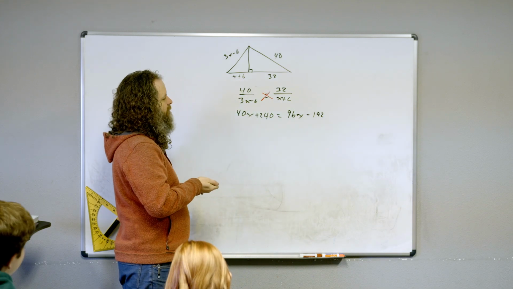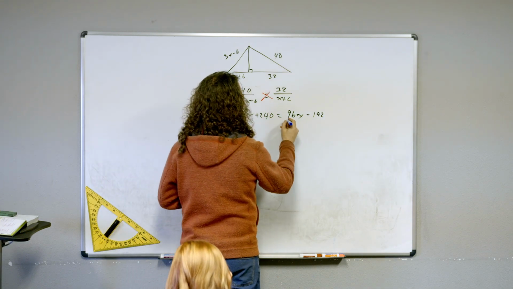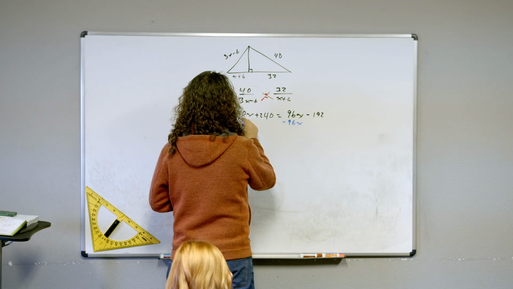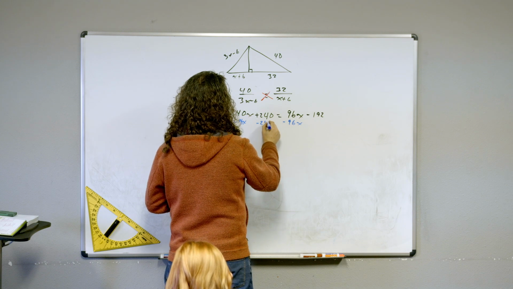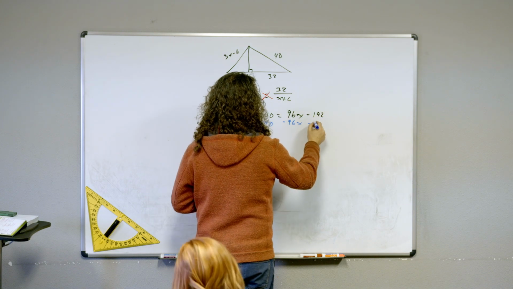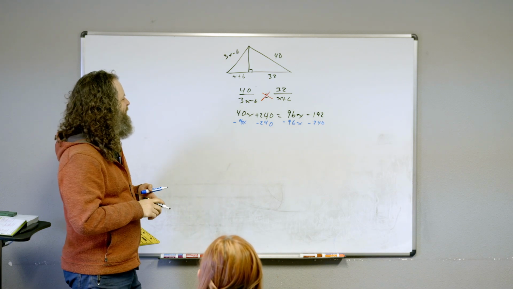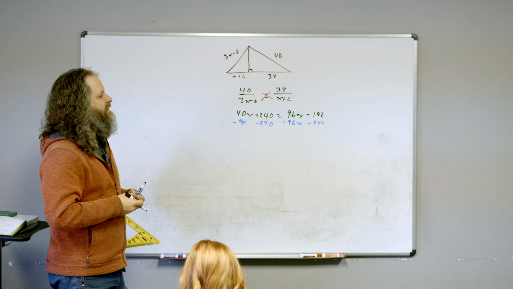Change the sides of everything. Yeah. 56x, and negative. Is that going to bother you that I'm making them negative? You'll get over it. You just did it the other way, and then you wouldn't have to do that. What's 40 minus 96?